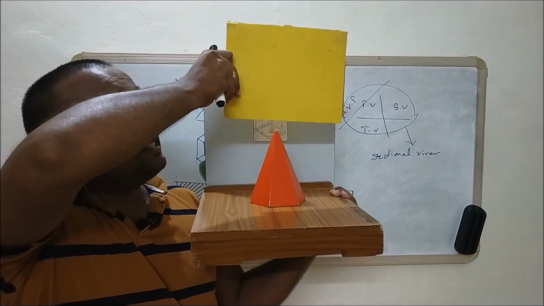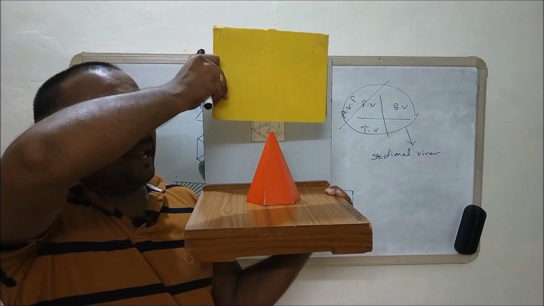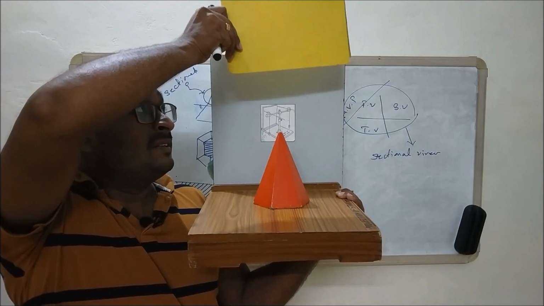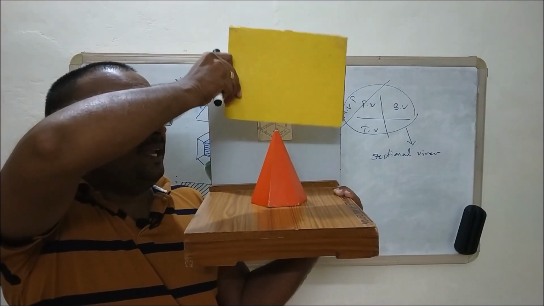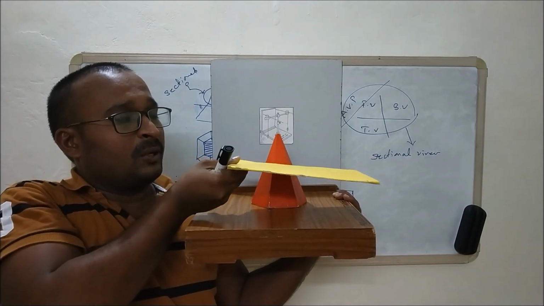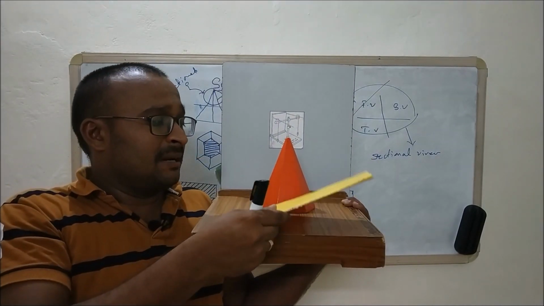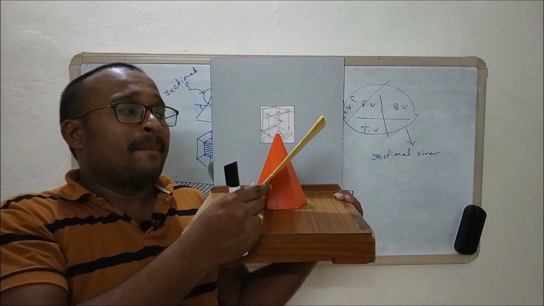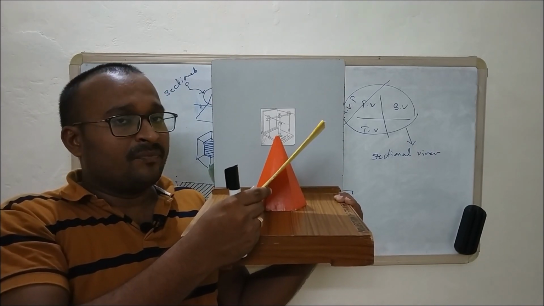Here this is what I call a section plane: perpendicular to the HP, parallel to the VP; parallel to the HP, perpendicular to the VP; and then the section plane inclined to the HP and perpendicular to the VP, right?